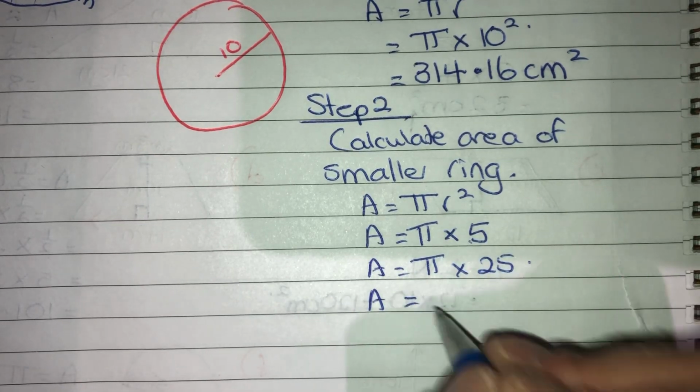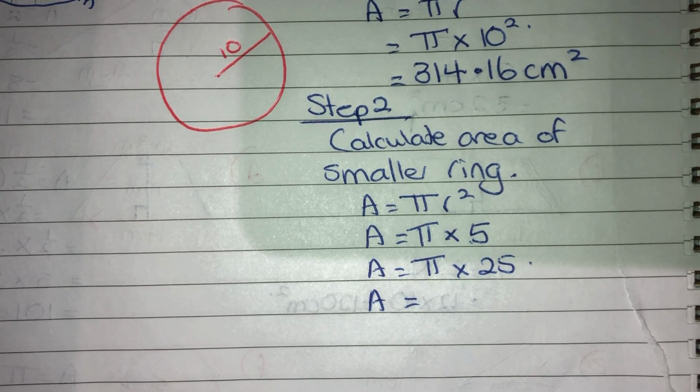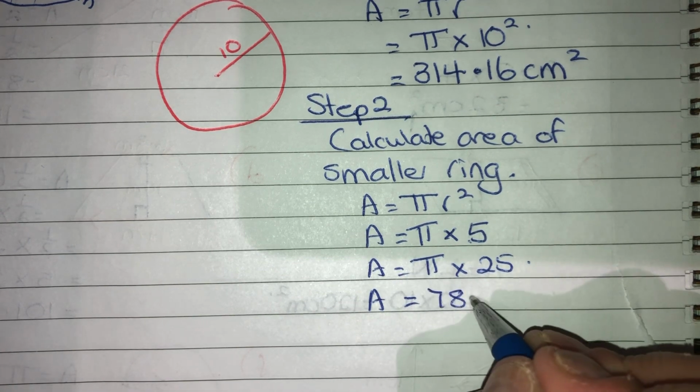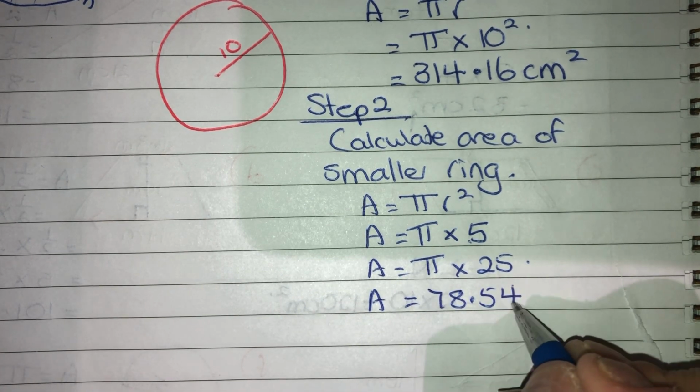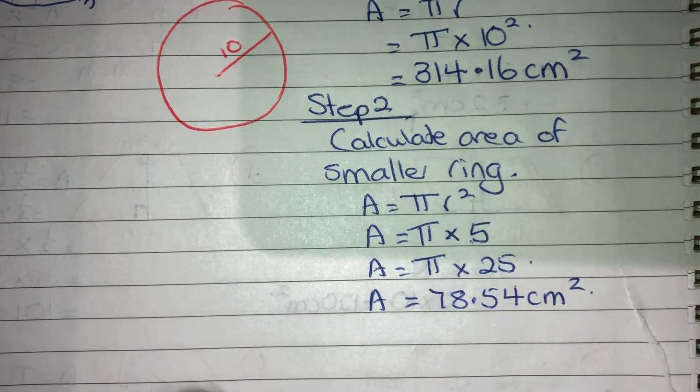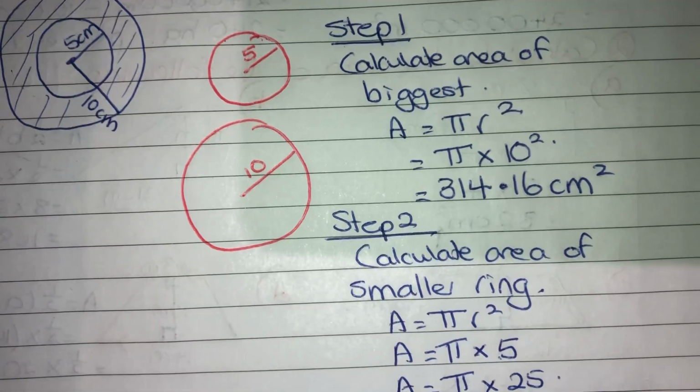So our area equals 78.54 centimetres squared. So have a think about what you've done.